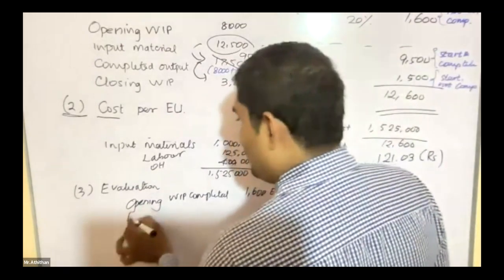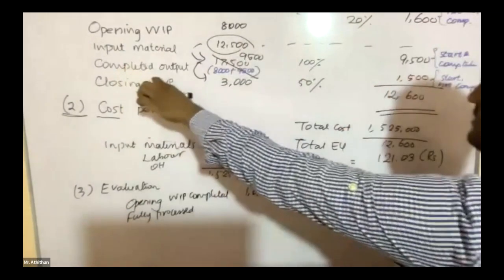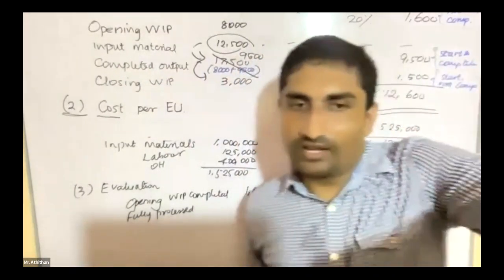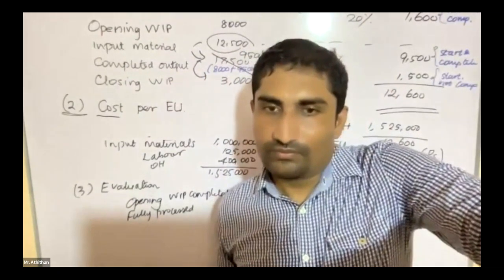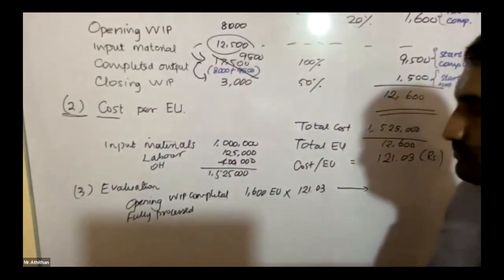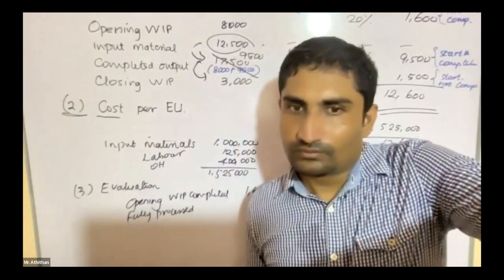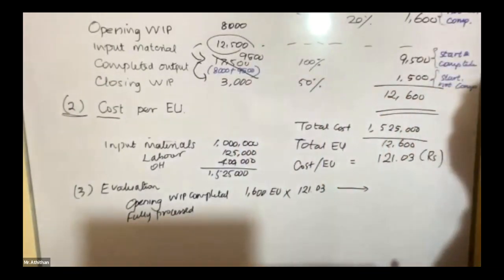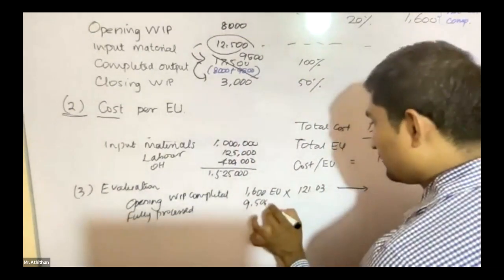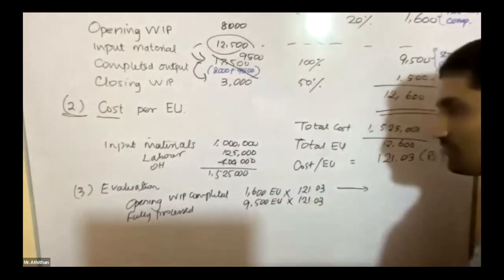Next, fully processed. How many? 9,500 EU into 121.03.